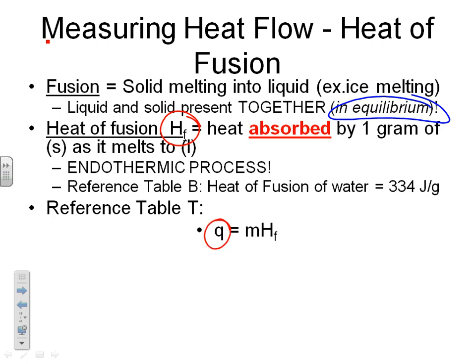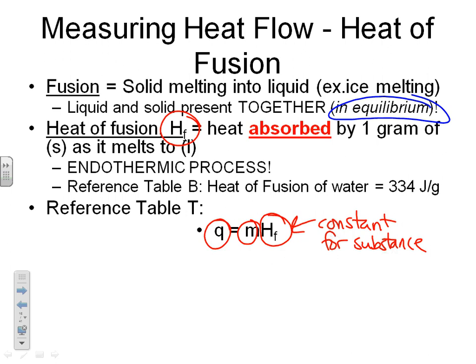There's Q, that's heat. There's M, that's mass, and then there's HF, that's heat of fusion. And that's a constant. The other 2 can change. You can change mass, you can change total heat exchanged, but you can't change HF. It's always going to be the same thing for a substance. For water, it's always 334.